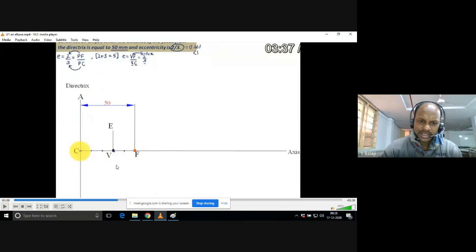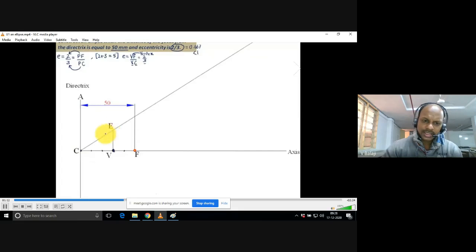I will tell you the next step. Join C to E and extend one inclined line like this. Then the next step is you can take any length of that line.